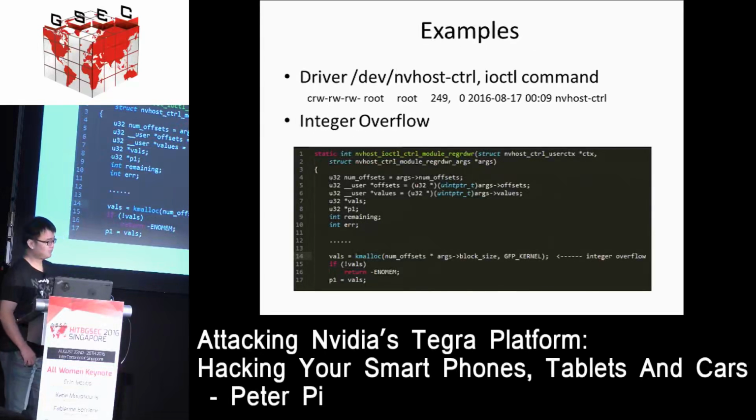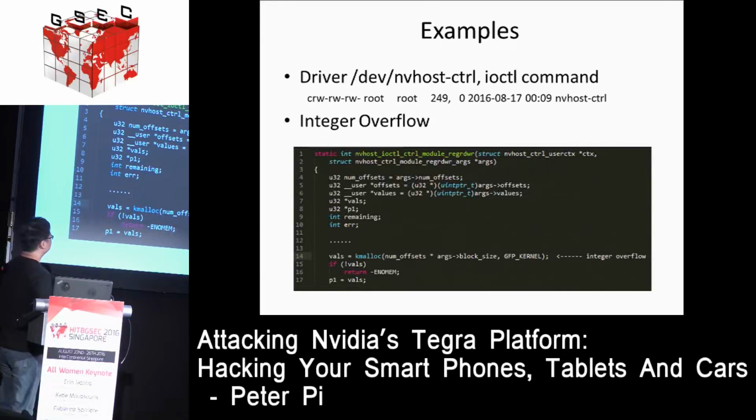There are some bug examples I found. The first one is in driver nvhost-ctrl when handling one IO control command. We can see that this driver can be accessed by any user. And in the source code, there is an integer overflow when kmalloc a buffer.